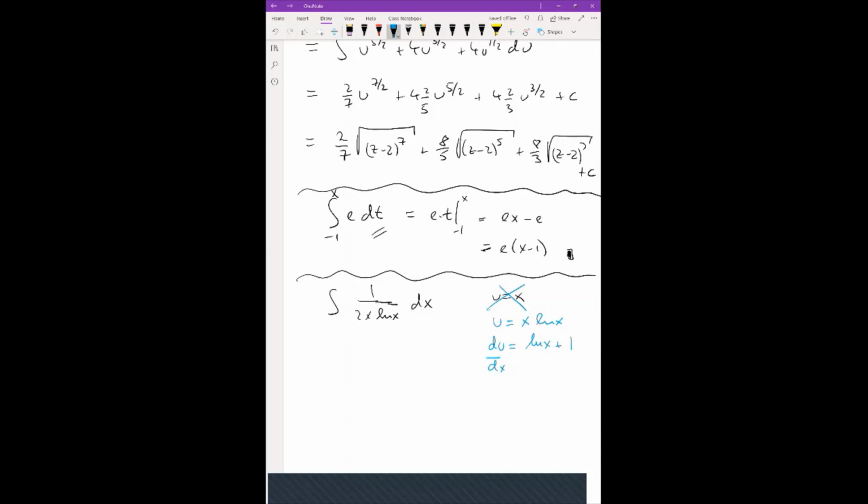If I substitute this in now, then I would get the integral of 1 over 2u. Now what is dx? 1 over (logarithm of x plus 1) du.